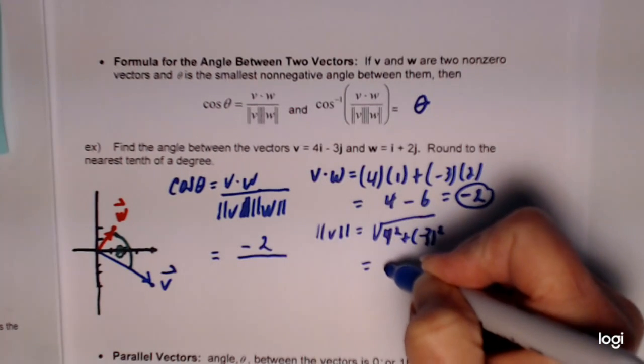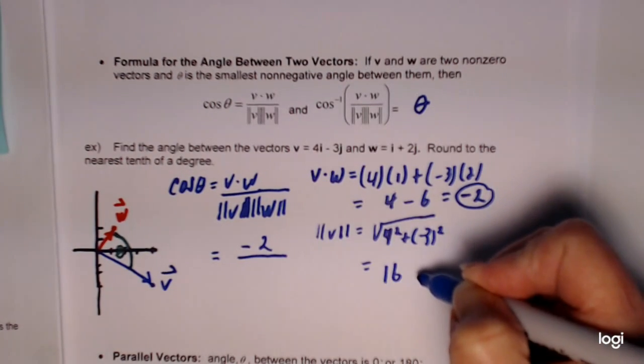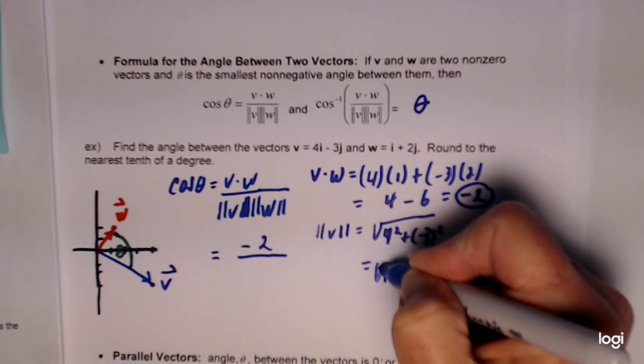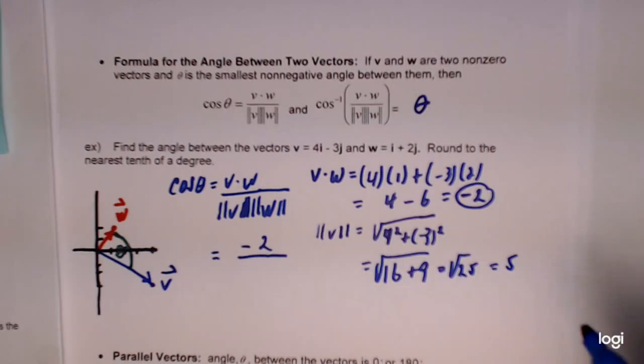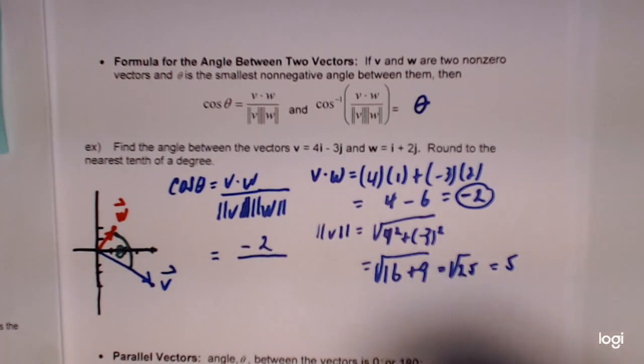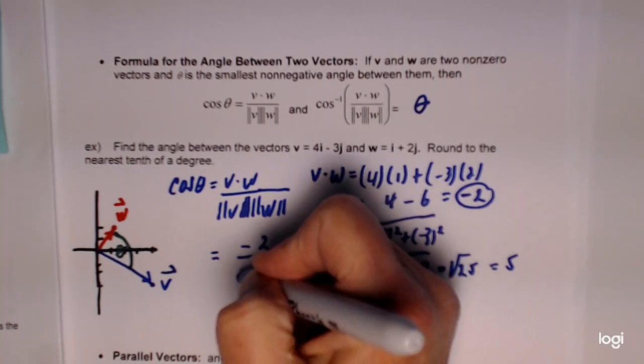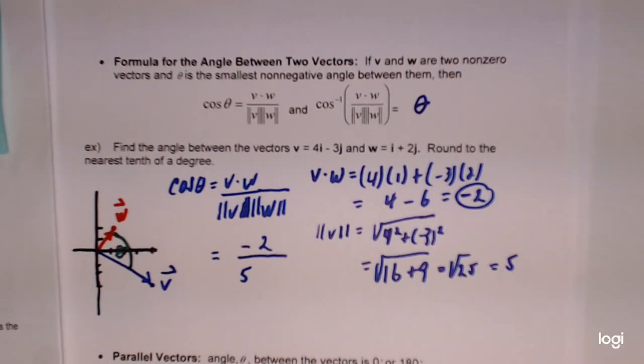So this is going to be 16 plus 9, which is 25, which is 5. So the magnitude of v is 5. So I'm going to put my 5 in for the magnitude of vector v.